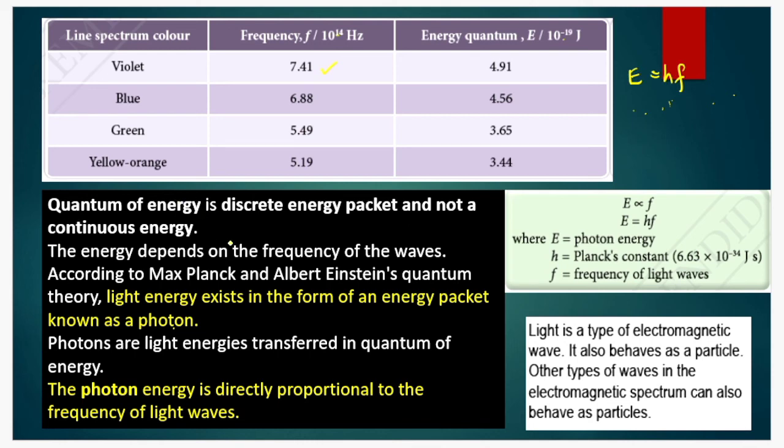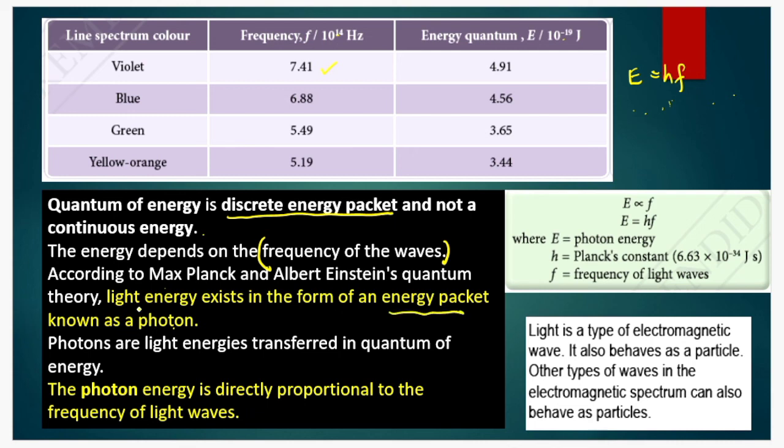Quantum of energy is a discrete energy packet and not a continuous energy. As we know, if continuous, there is no gap between the spectrum. The energy depends on the frequency of the wave. Thus, we can calculate the value of the energy of a photon.